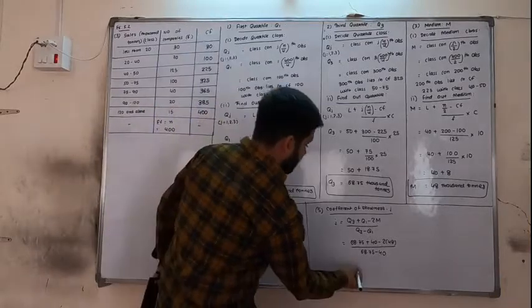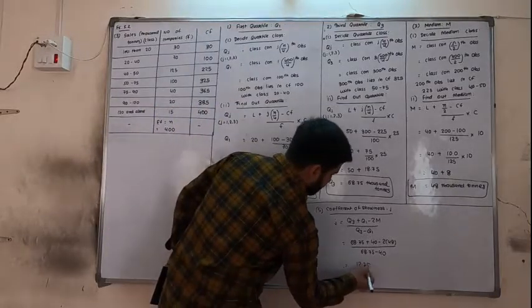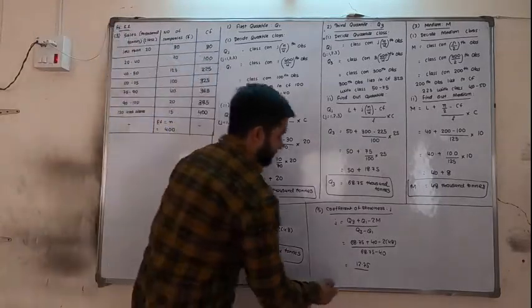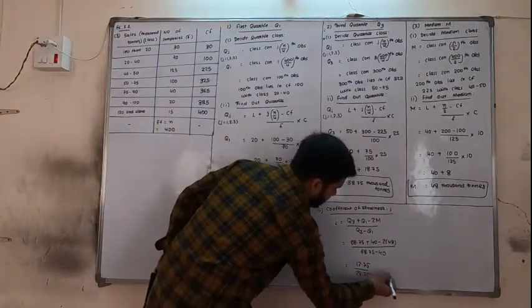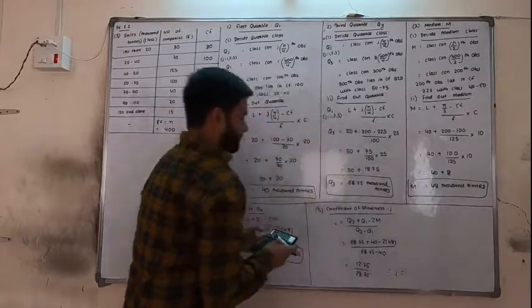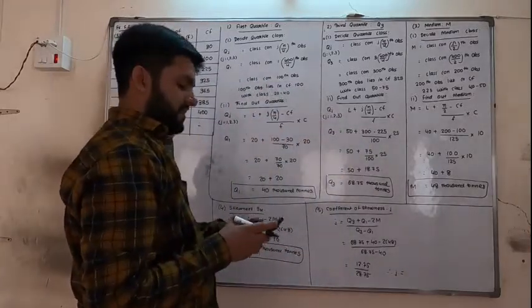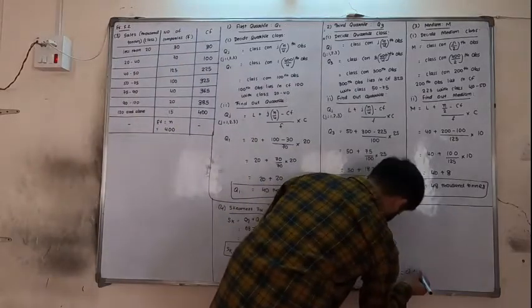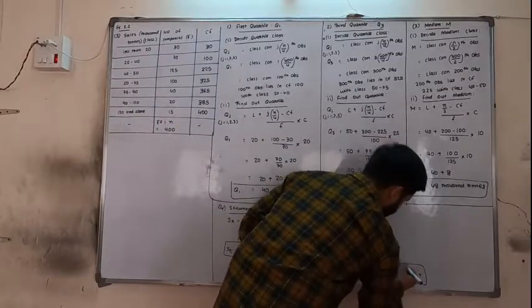Okay, so the above answer is 12.75. 68.75 minus 40 is 28.75. Therefore, J is equal to 12.75 divided by 28.75, which is 0.443, so 0.44.